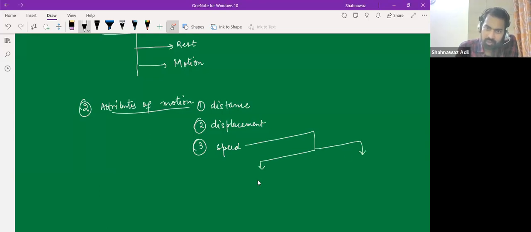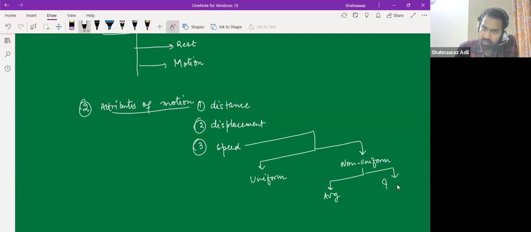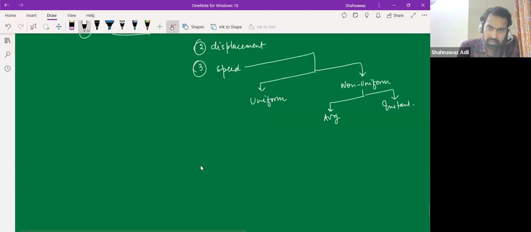The first one was uniform, and then non-uniform. And in non-uniform, we learned that it is of two types: average and then instantaneous, right? And then we learned about velocity.